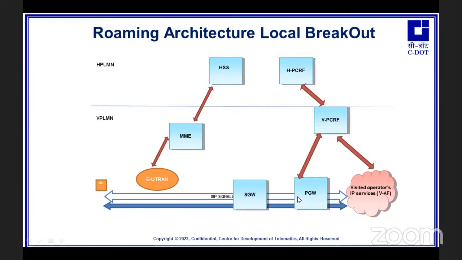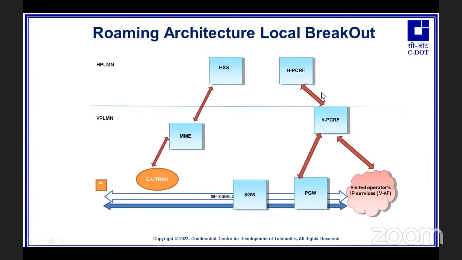Once this P gateway receives the request for the particular visited subscriber, what QoS it has to give, because it doesn't know any QoS. So it sends a request to the PCRF to get the QoS defined for that particular subscriber.